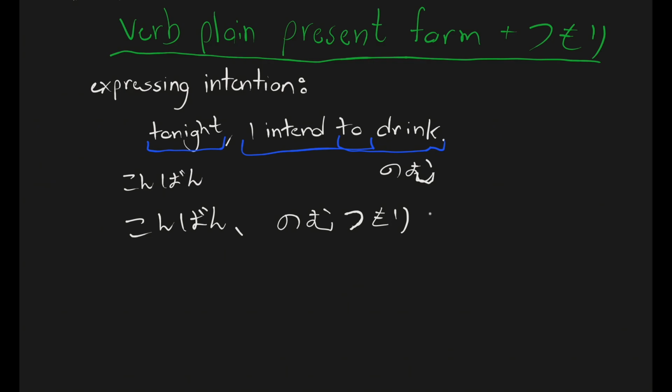You can leave it without an ending, and that would be a sentence. So, konban wa nomu tsumori. That would be a sentence. But we want to put an ending on it. And the two endings I have in mind differ in being formal or casual talk. If we want to do casual talk, we just add da. So, nomu tsumori da. That would be the casual.